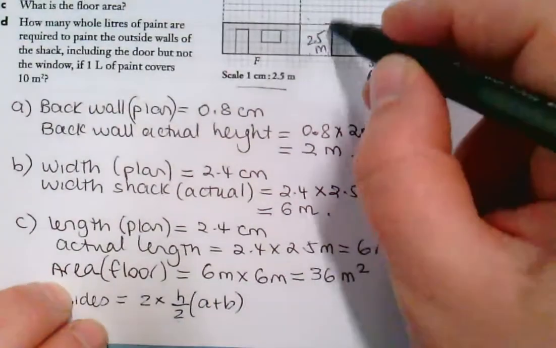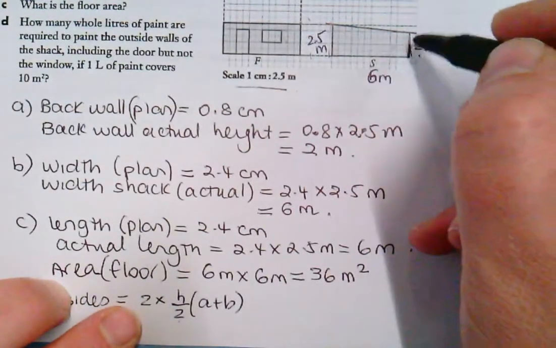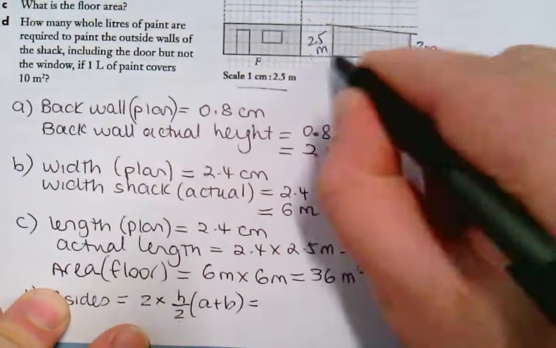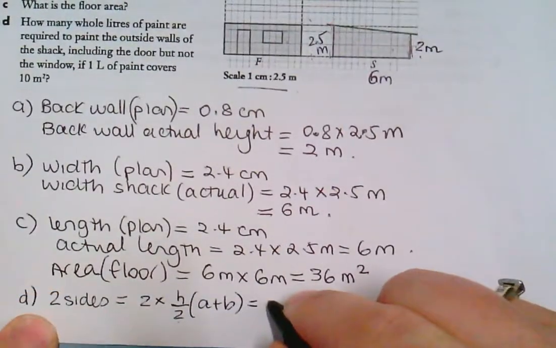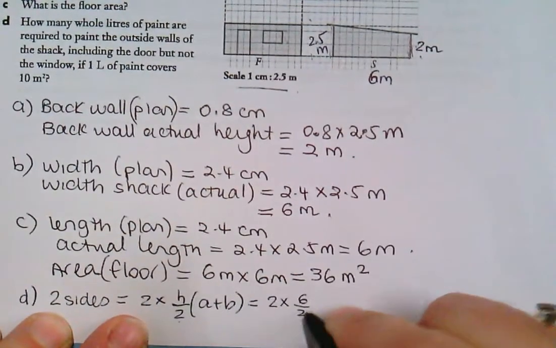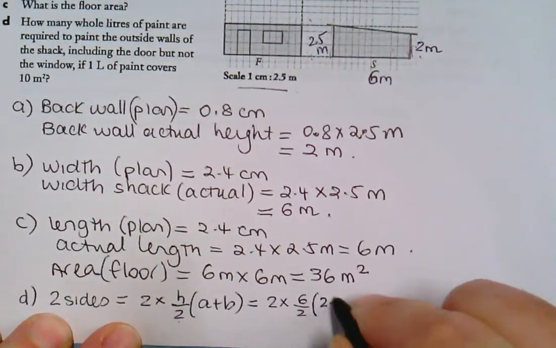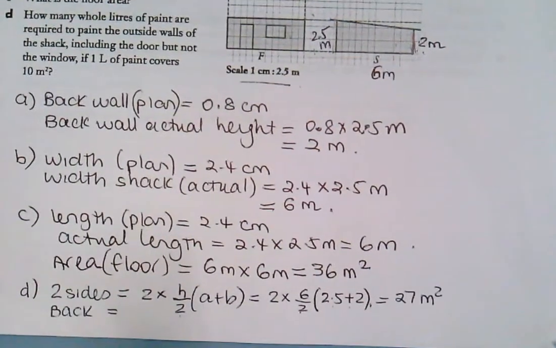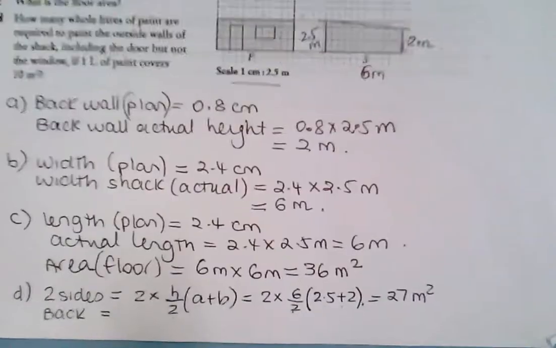This is a right trapezium. A trapezium has one pair of opposite sides parallel. And that's your perpendicular height of your trapezium. So the two sides are 2 times, the height is 6 over 2. A plus B is 2.5 plus 2. So the area of the two sides is 27 metres squared.